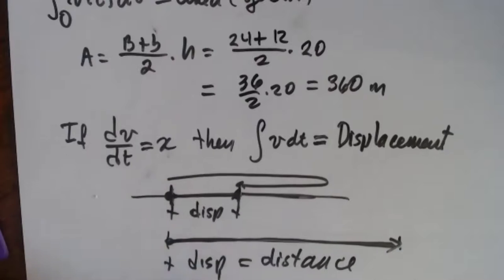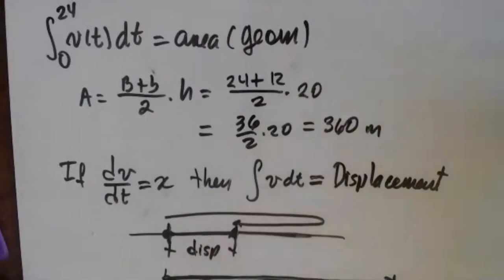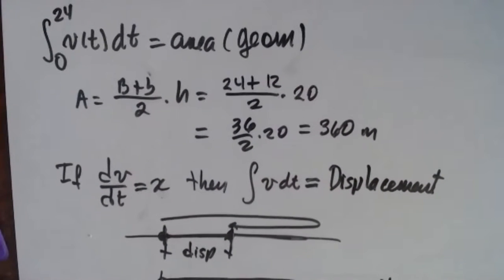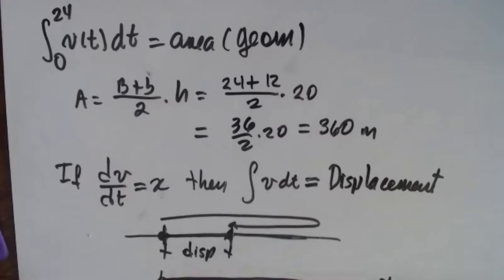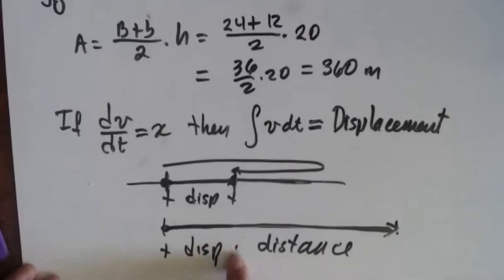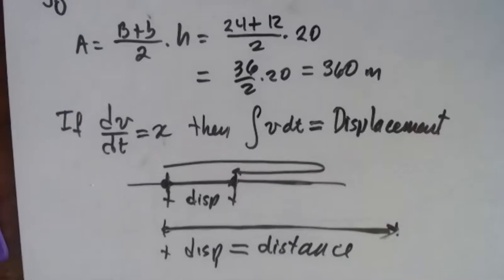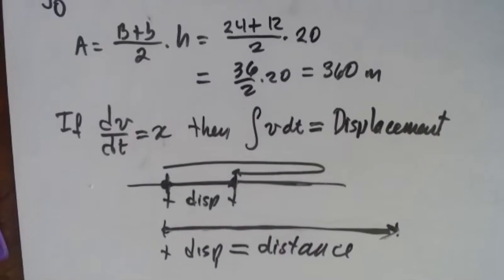Wait, no, it is distance because the velocity is always positive. In this case, the displacement and the distance are the same because it's moving in just one direction. The velocity is always positive. It's just slowing down. It doesn't turn around.